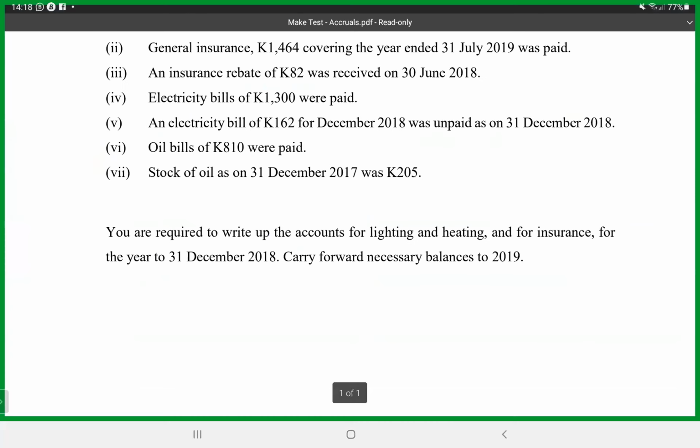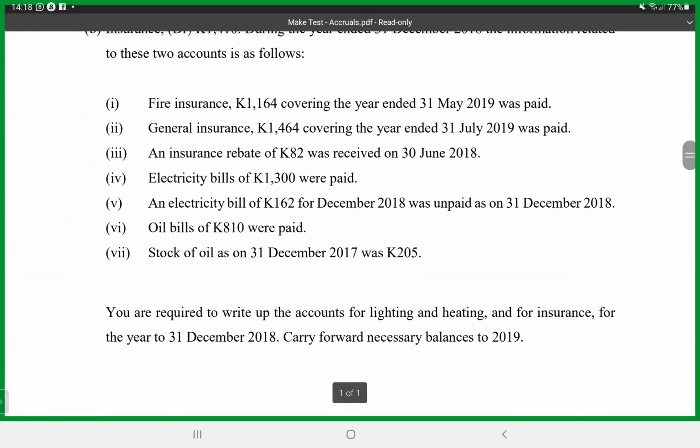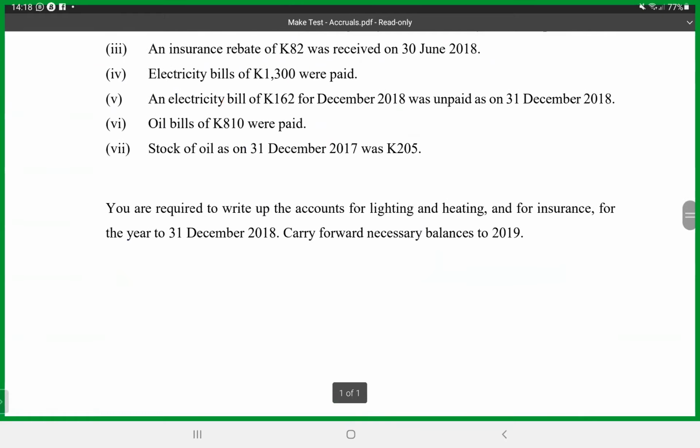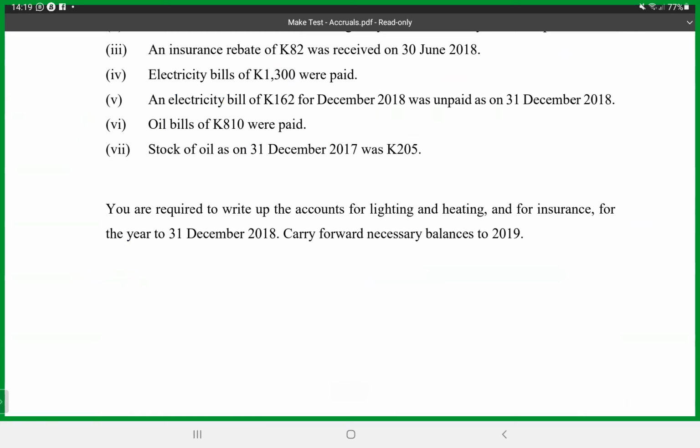Then you are told that there was an insurance rebate of 82 that was received on 30th June 2018. Okay, there was a rebate of that amount. What does an insurance rebate mean? What do you understand by that statement? Anyone?